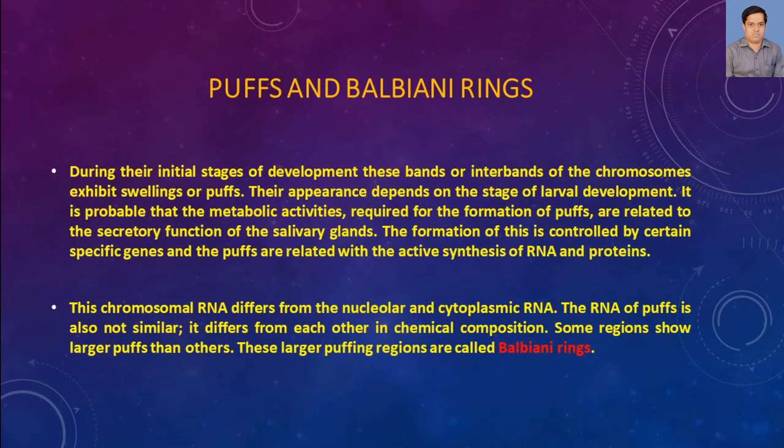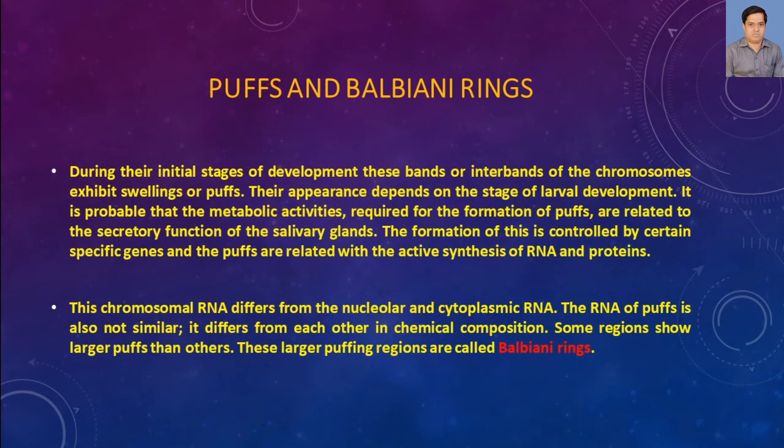Their appearance depends on the stage of larval development. It is probable that the metabolic activities required for the formation of puffs are related to the secretory function of the salivary gland. That means the metabolic activity of the salivary gland increases when more saliva is required.